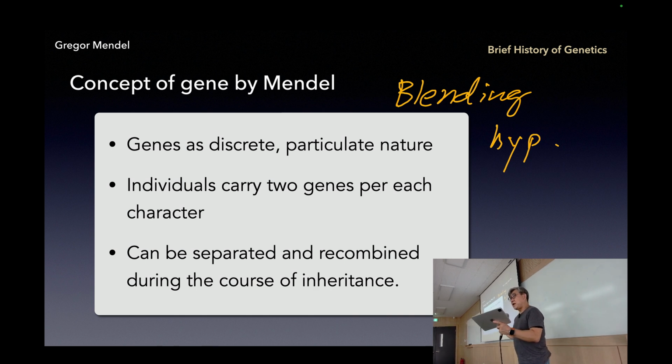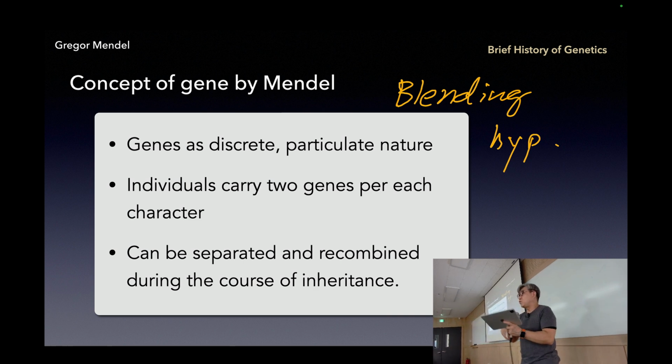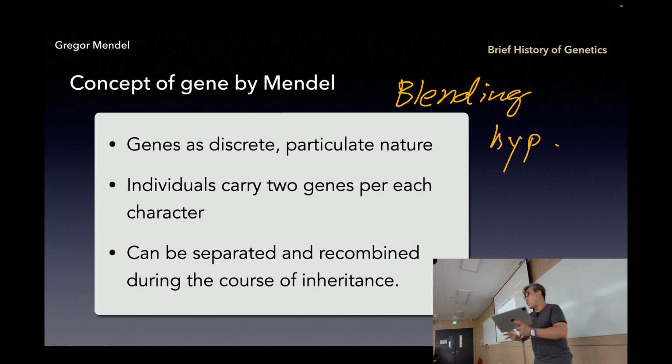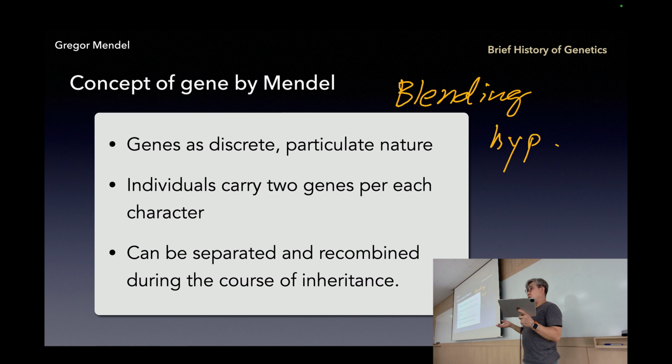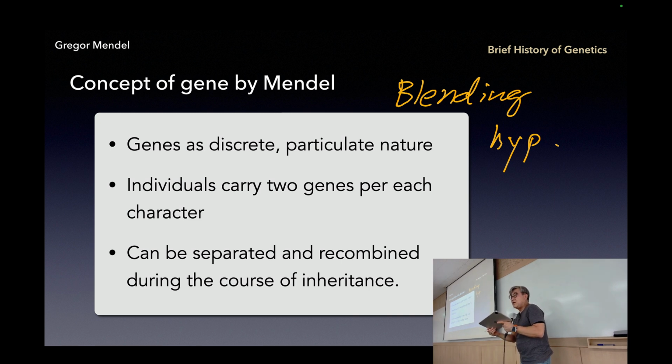However, if that was the case, then fine, you get half the characteristic, but what's next? There's no way you can actually re-isolate. Why do you need to re-isolate? Actually, you don't really have any particular occasion to have such an idea as Mendel did.